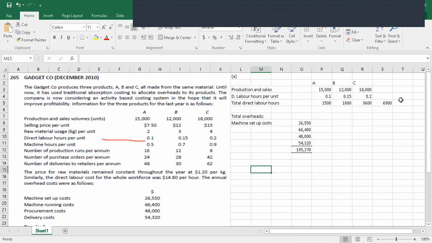If there are 6,900 hours required to produce all three products and the total overhead cost is 195,270, what is the cost per hour?